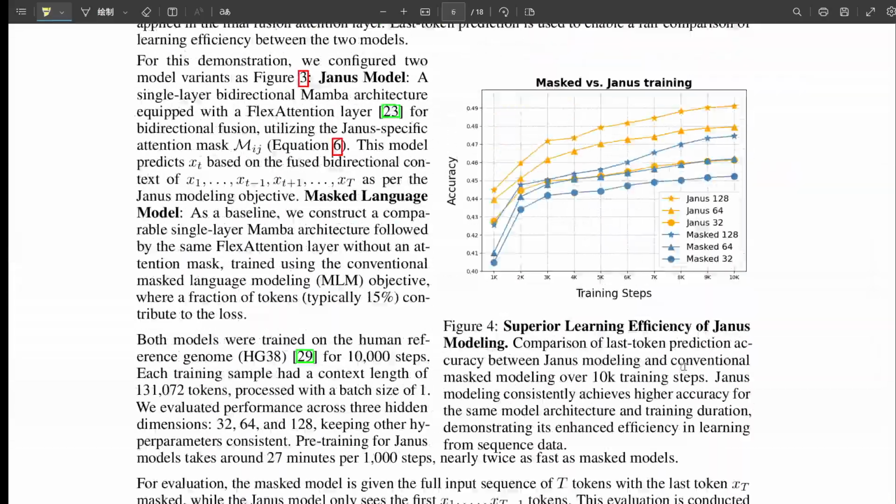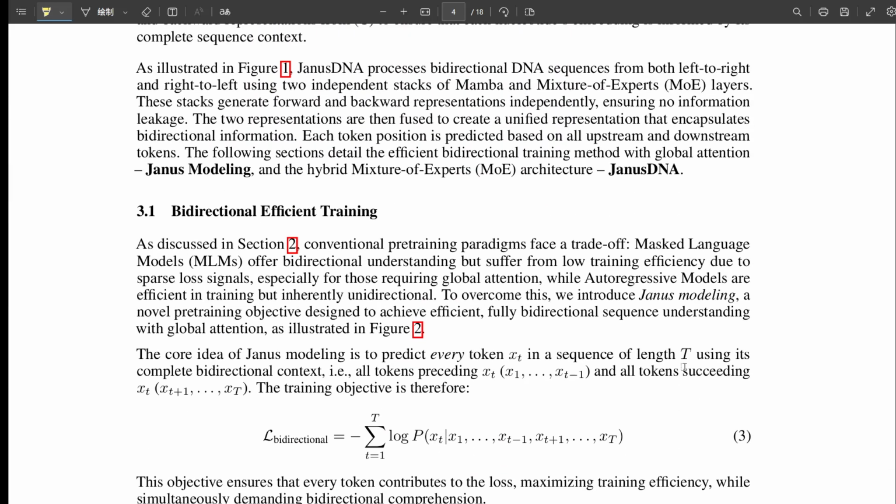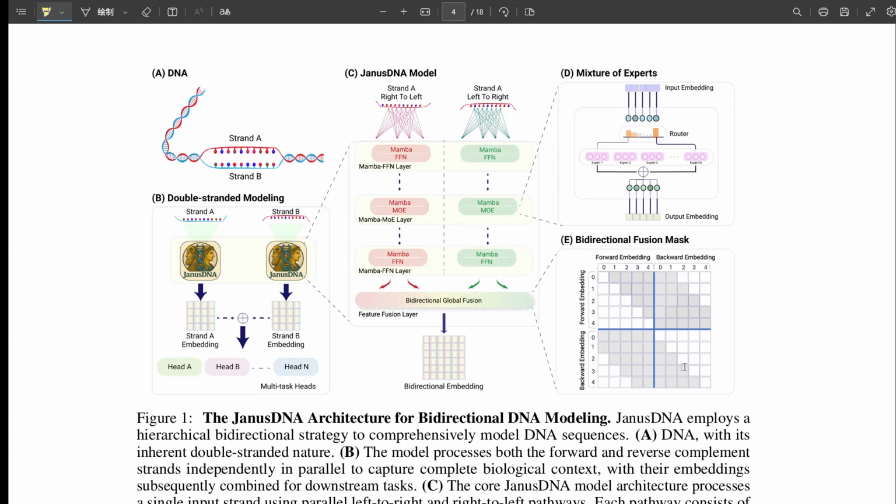Then the learned representations, the outputs from processing both strands, are combined, pooled is the term used, into a single unified enriched representation for that piece of DNA. I see. So it explicitly considers both strands' perspective. Exactly. This ensures the model gets a more comprehensive understanding of the biological context. It helps it capture intricate patterns regardless of strand orientation, making it more robust to how information is actually encoded in the double helix.